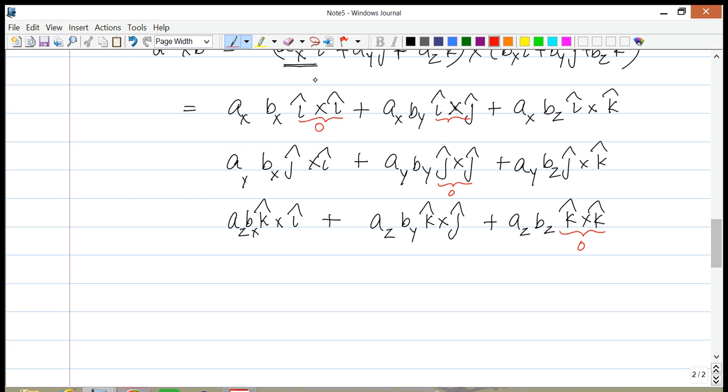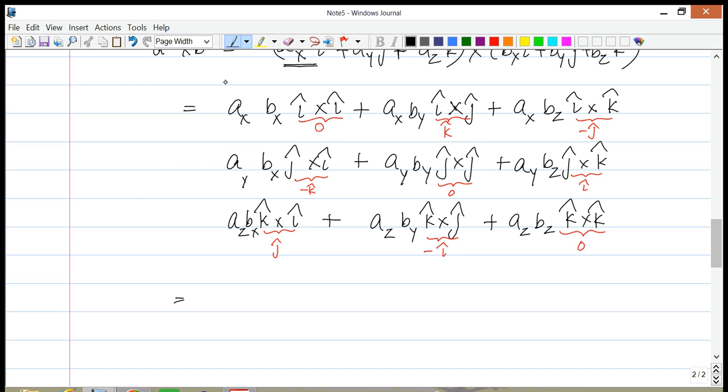Then we know that I cross J is K, and J cross I is minus K. Then K cross I is equal to positive J, and I cross K is negative J. We also know that J cross K is equal to positive I, and that K cross J is negative I. Great. So now we have all our components, and all we need to do is put them together.